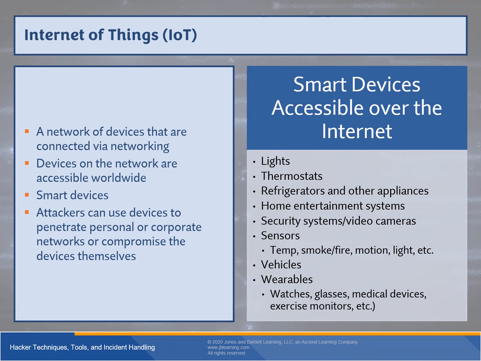Some different devices that we might see would be things like lights, smart bulbs, thermostats, refrigerators, home entertainment systems, security systems, all kinds of sensors, environmentals, vehicles, and wearables such as watches, glasses, medical devices, exercise monitors. A lot of people don't think about how to secure these things. So if you're going to have a global interface for something that's accessible outside of your home or outside of your corporate environment, we always want to make sure that you have some regulation over how data passes to and from.